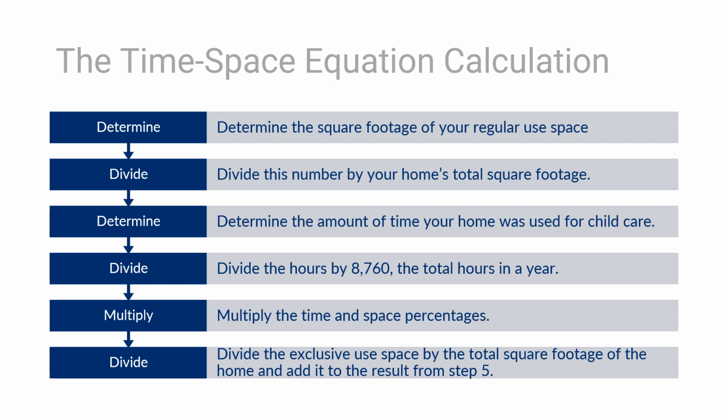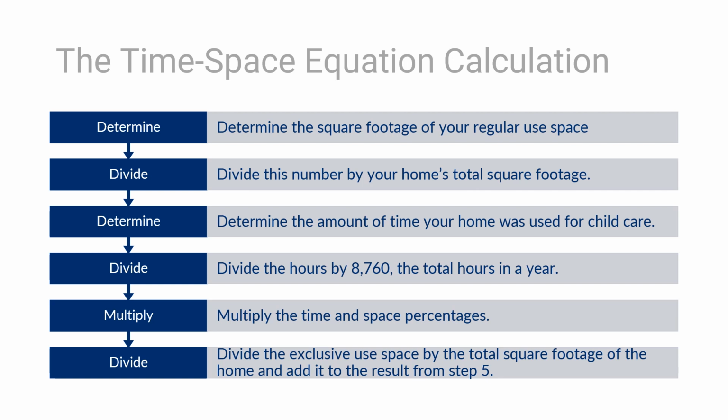Step 1. Determine the square footage of your regular use space. Next, divide this number by your home's total square footage. Third, determine the amount of time your home was used for childcare. Step 4, divide the hours by 8,760, which is the total hours in a year.